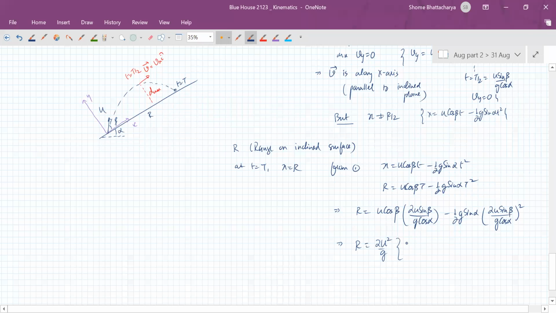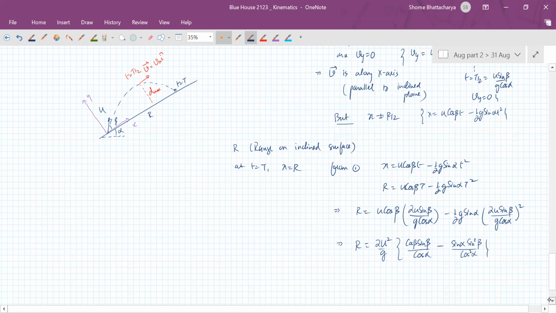The first term will give you cos beta sine beta divided by cos alpha, and the second term will give you sine alpha sine square beta divided by cos square alpha.